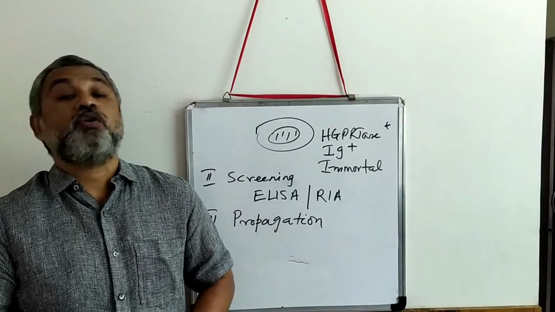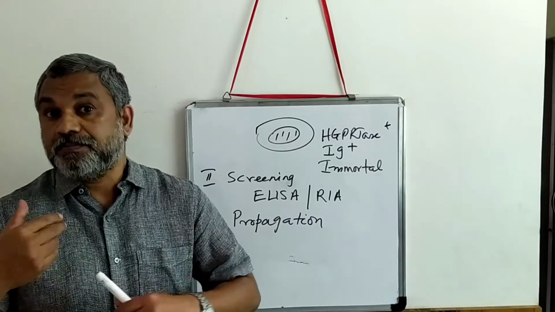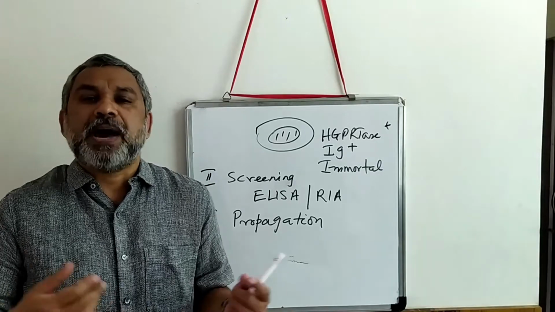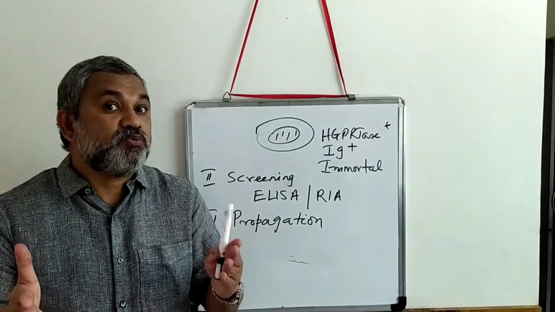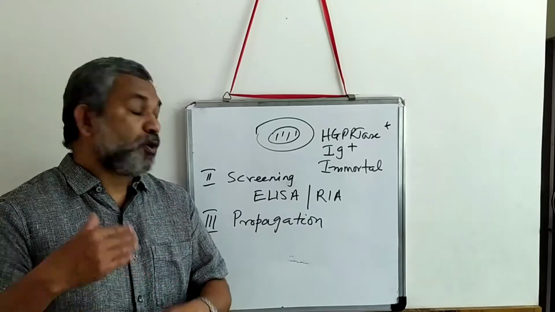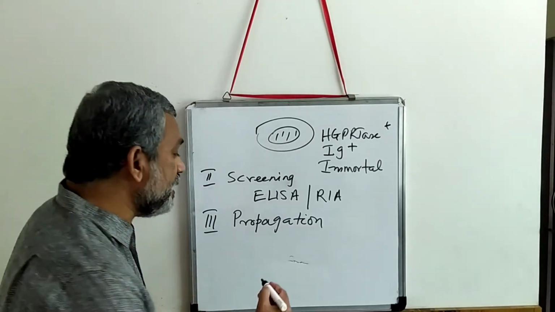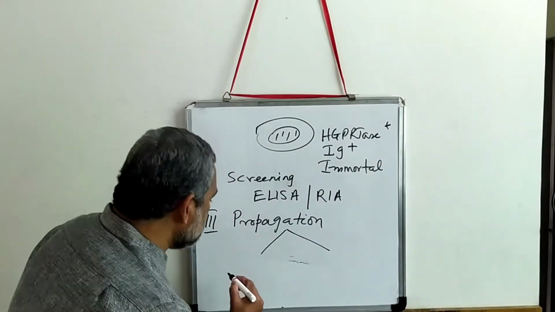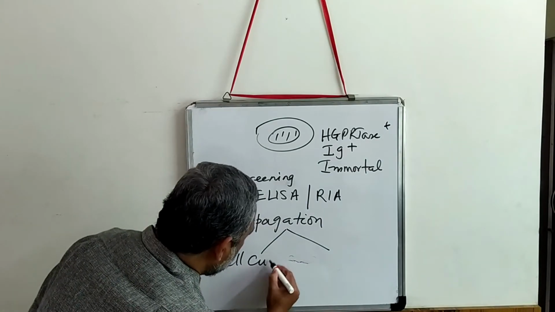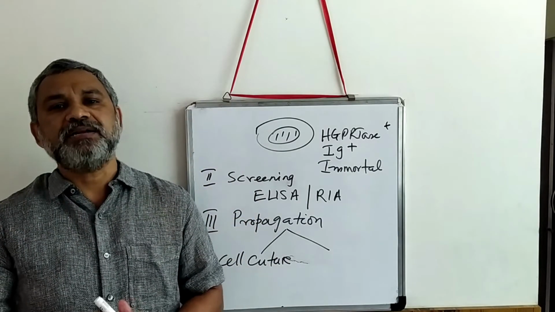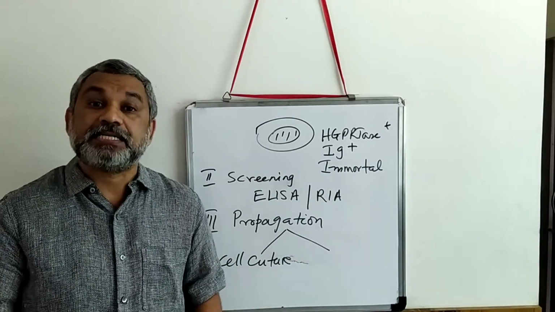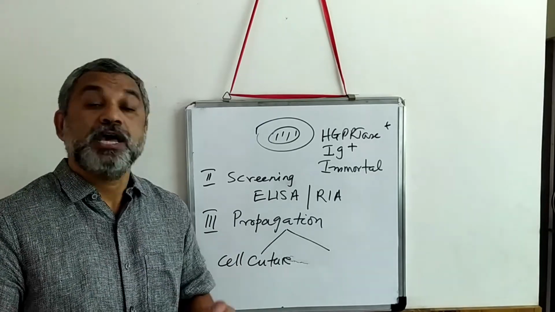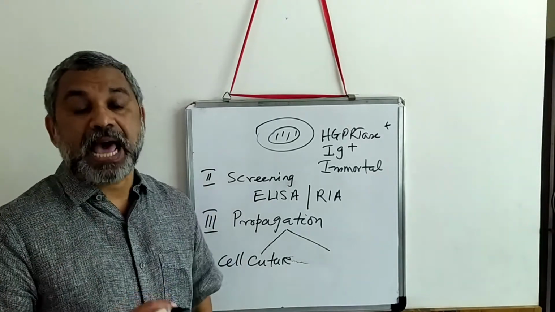Propagation: initially, when Kohler and Milstein did the production of monoclonal antibodies, they were able to produce only micrograms of antibodies, but the technique was proven. In the initial period, propagation is done in two ways. One way is cell culture: cell culturing is done in cell culture vessels. Another way to propagate is in an immunocompatible animal.